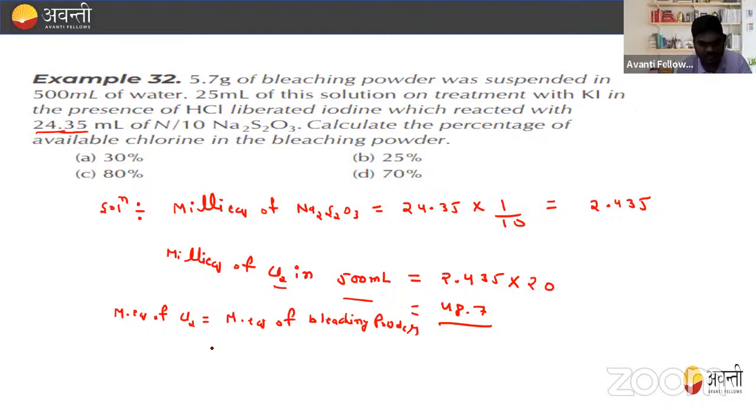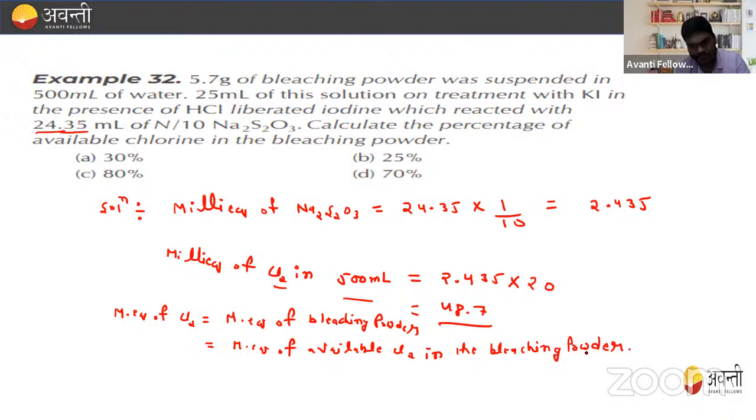And that is also equal to the milli equivalent of available Cl2.